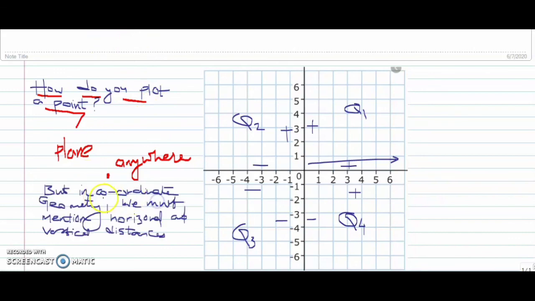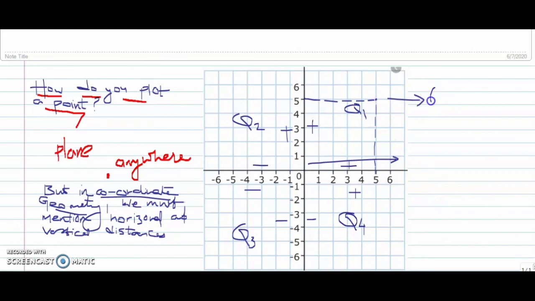But when we mark a point in coordinate geometry, we must think about the position. That means we have to take care of the horizontal distance and also the vertical distance, like how we plotted the position in our first example.